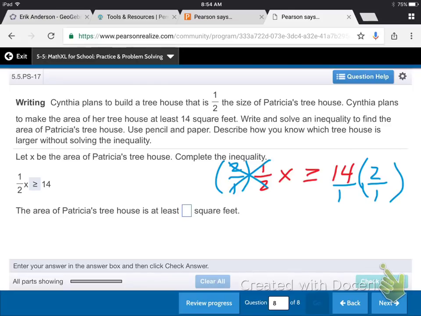That's why we do it. And we bring down x. We did not multiply or divide by a negative, so the inequality stays facing the same way. And we know that 14 times 2 is 28. And 1 times 1 is 1, so 28/1 is just 28. So the area of Patricia's treehouse is at least 28 square feet. That's what it says.